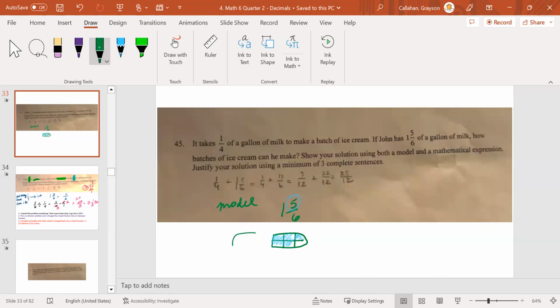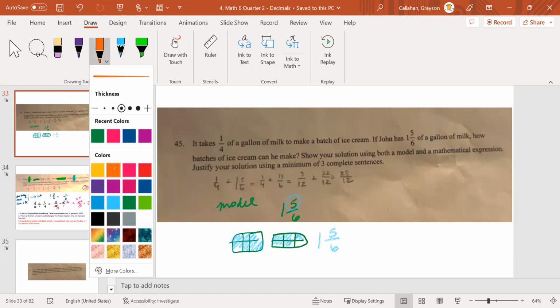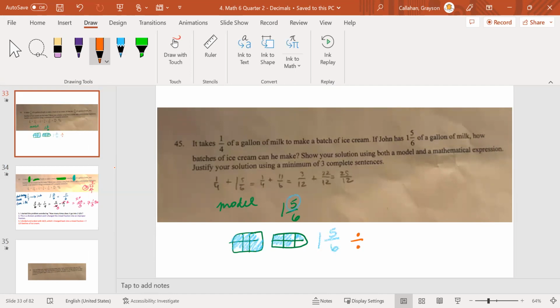So 1 means you have another one like this, in 6 pieces, and this is colored, the whole thing. This represents 1 and 5/6. Do you see that? And if you have to divide that by 1/4, right? 1/4 means that you have 4 pieces, and you have one of them colored. Do you see that? Okay.